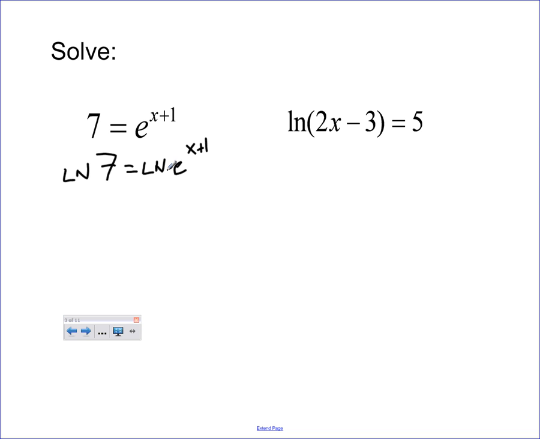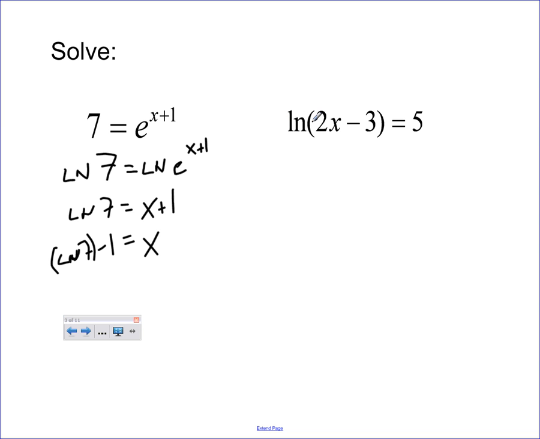The natural log of e to the x plus 1 is just x plus 1, because the natural log undoes what the e does. Then I can solve and say that x is equal to the natural log of 7 minus 1. That's an exact answer; we could calculate an approximate answer if we needed one. Otherwise, we're good.